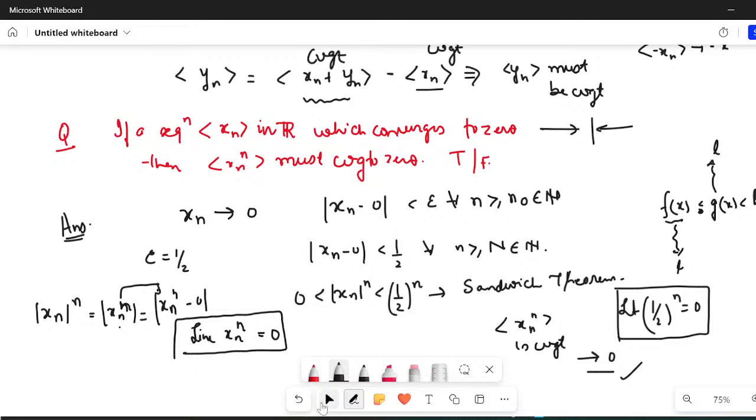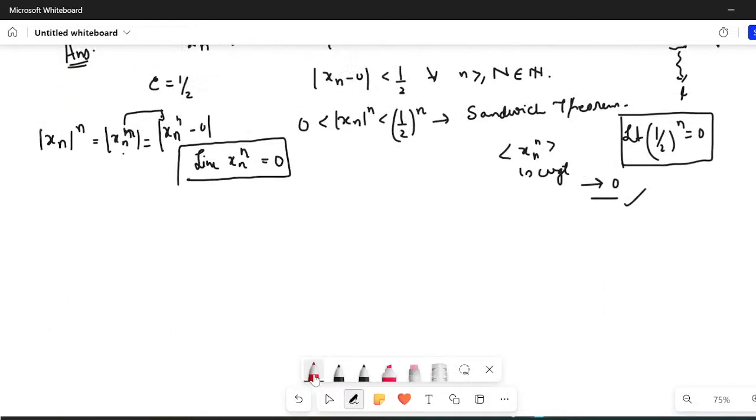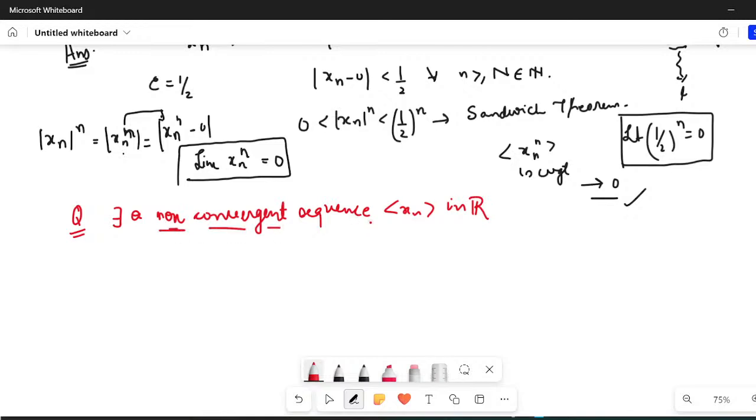The question says, you have to state true or false: there exists a non-convergent sequence xn in R, please remember non-convergent, such that xn plus 1 upon n xn is convergent.